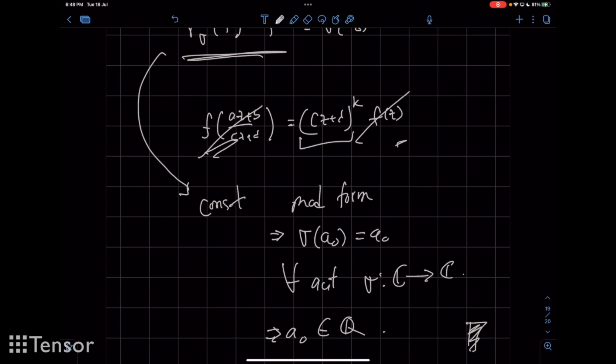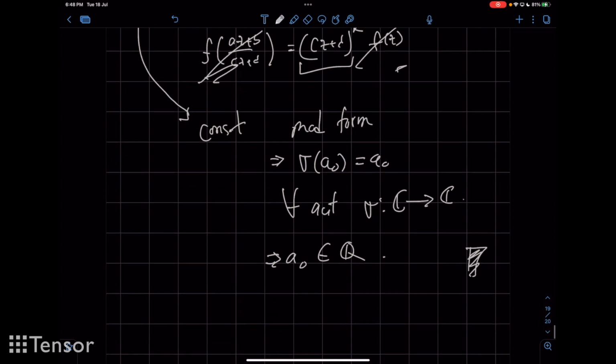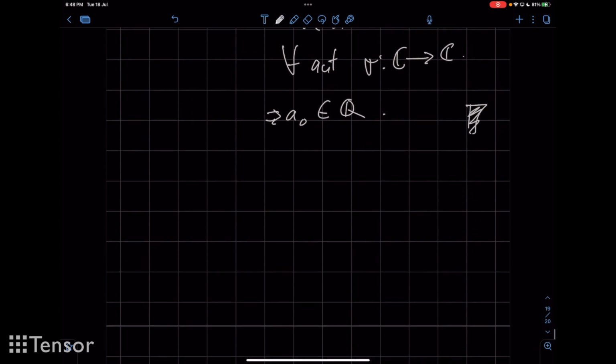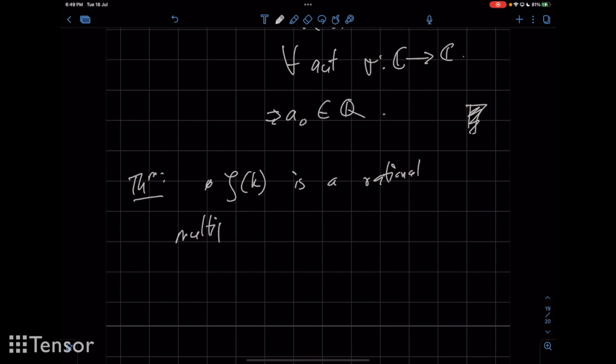Last time I promised a theorem, which I'll prove, and we will end today. The theorem I promised is that zeta of k is a rational multiple of pi to the k.